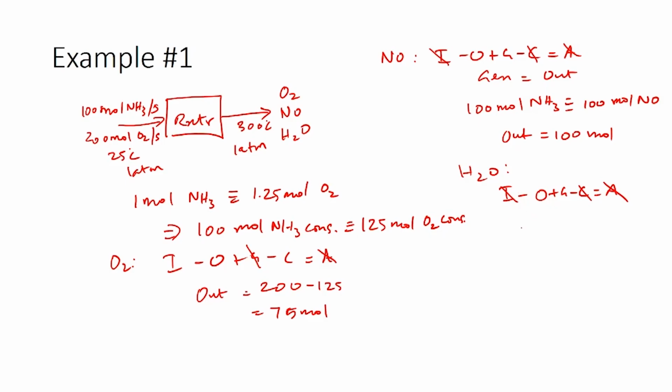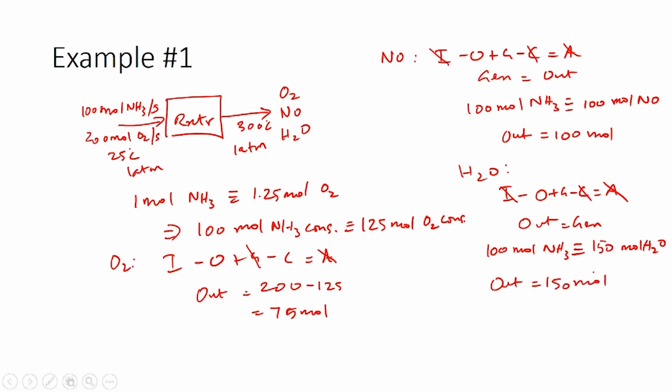So, you end up with output equals generation. Generation can be calculated using the stoichiometry, which means 100 moles of ammonia would produce 150 moles of water. So, your output for water would be equal to 150 moles of water.